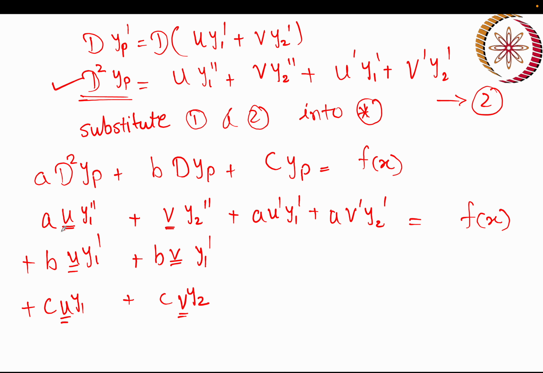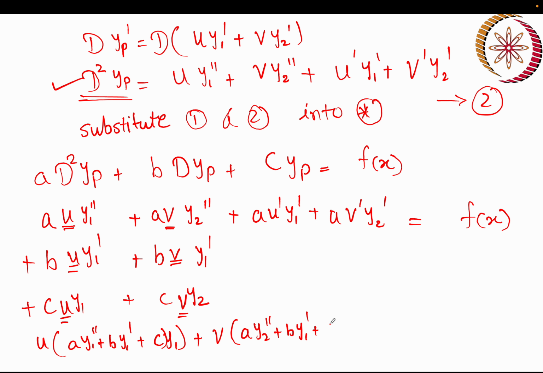If we take u common, you can see a y1 double prime plus b y1 prime plus c y1, and v times a y2 double prime plus b y2 prime plus c y2, plus a u prime y1 prime plus a v prime y2 prime is equal to f of x.